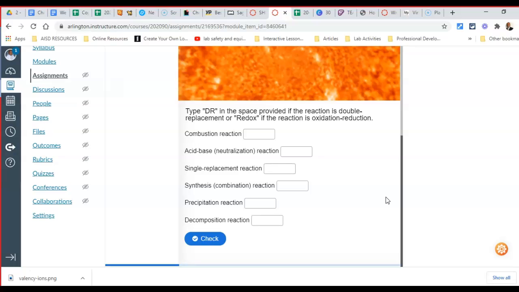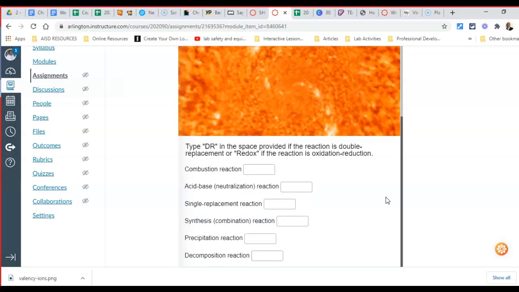Was it good? Yeah. Okay. So 2 types: double replacement, and the other one is redox reaction.